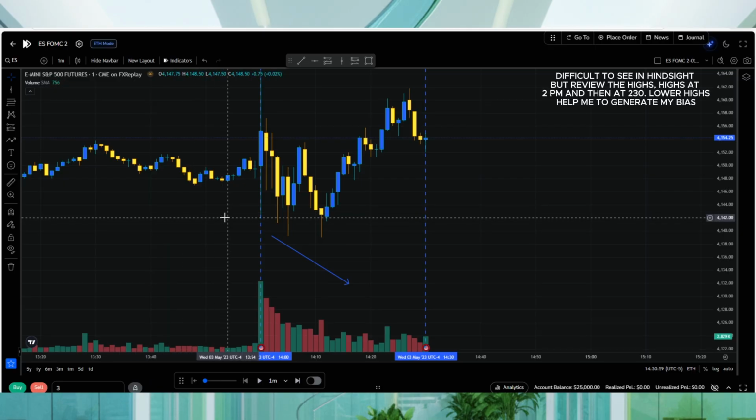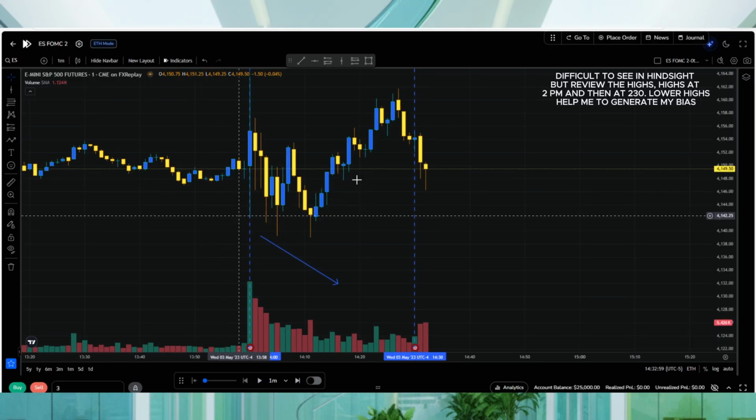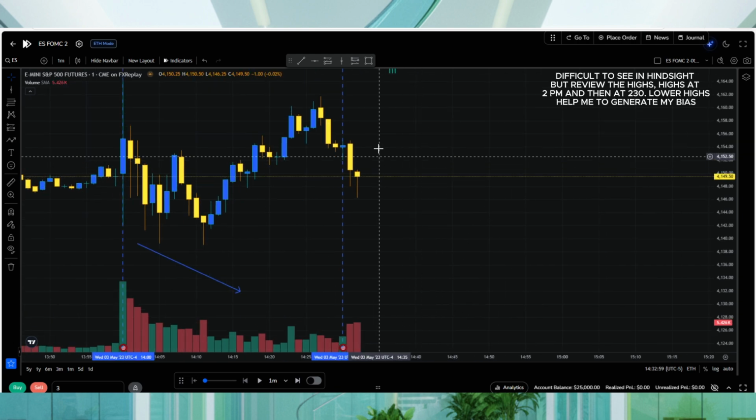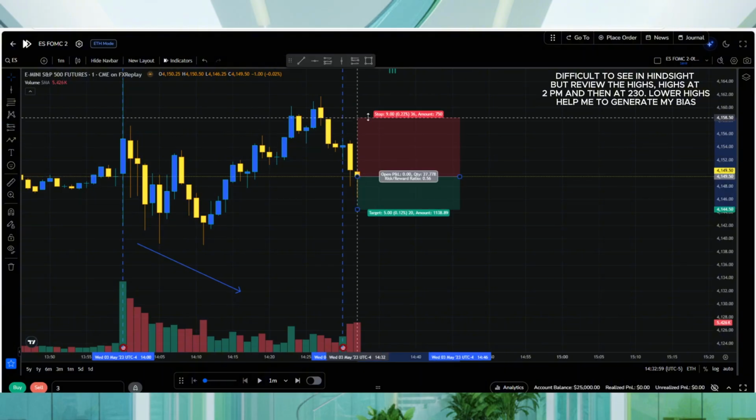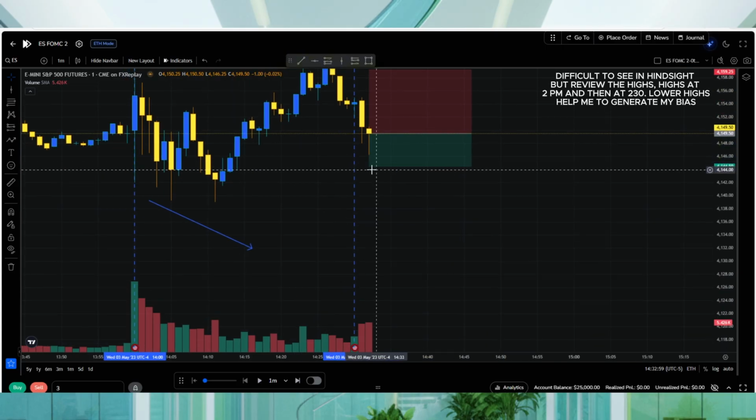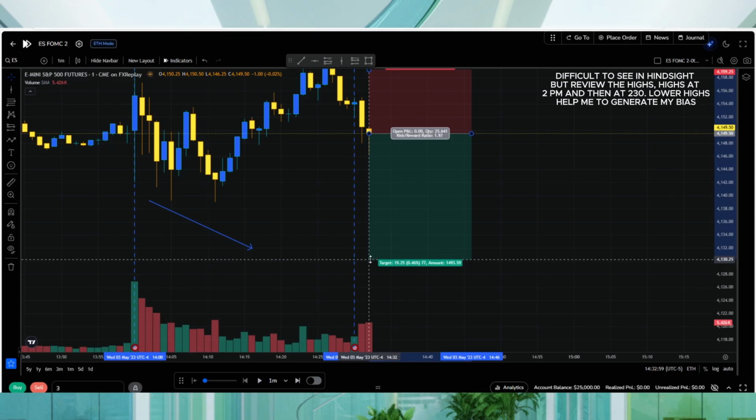All right, let's look for a short here, and we get a short, which I'm looking for two bearish candles to get me into a short. Always looking for around 10 to 1 and around a 2.